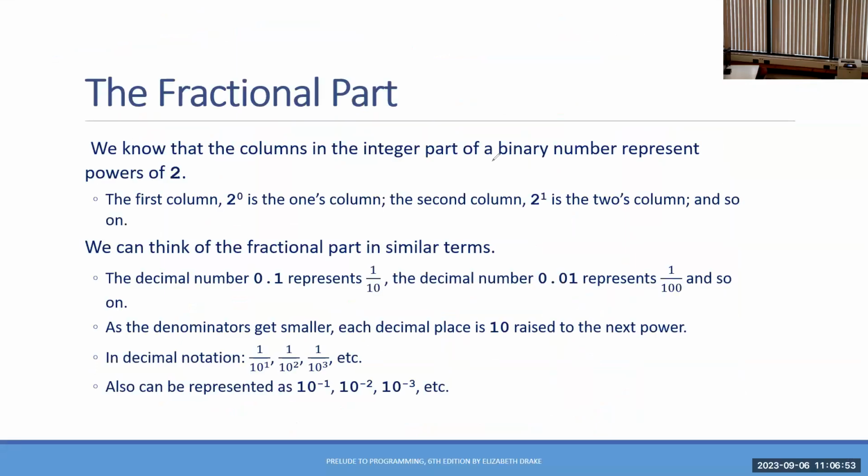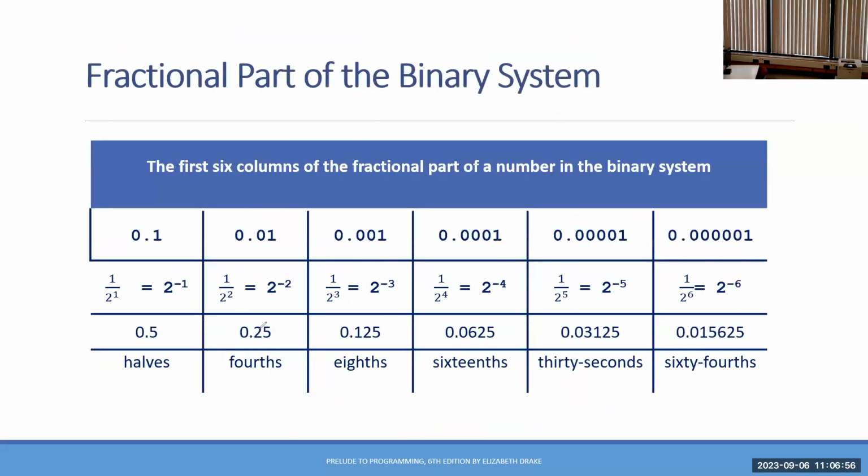Now I come back to my slide. It follows exactly the same rule here, right? You see on the right, the first column here, -1, -2. I see 2 raised to the power -1, 2 raised to the power -2, 2 raised to the power -3, and so on here.